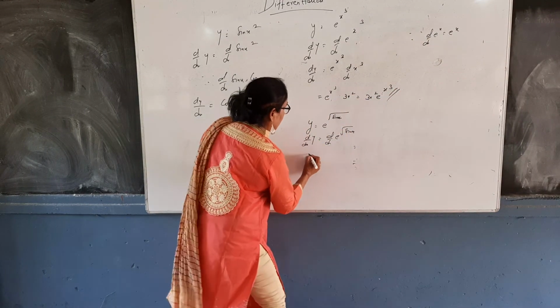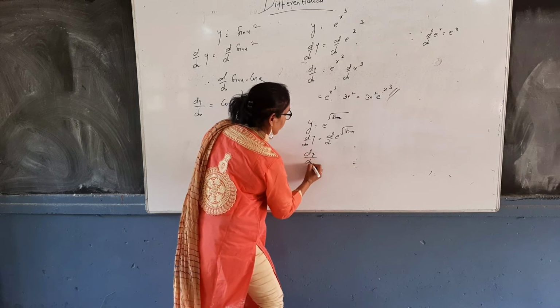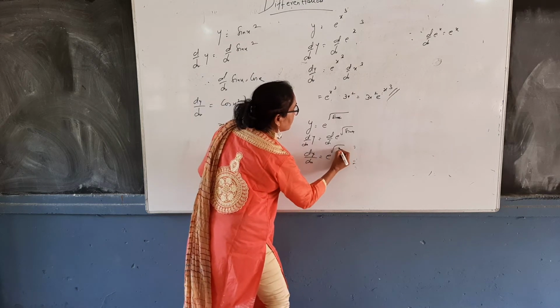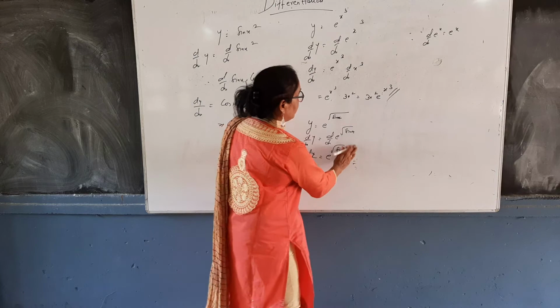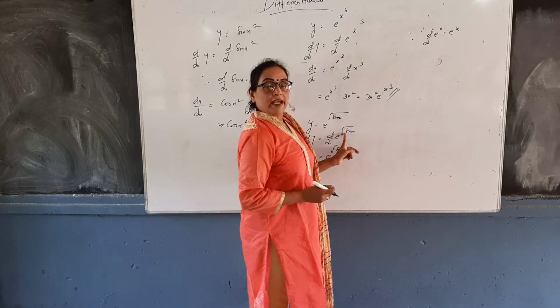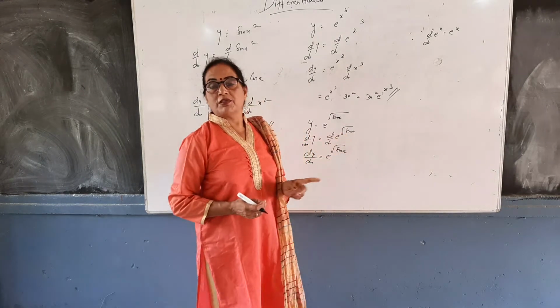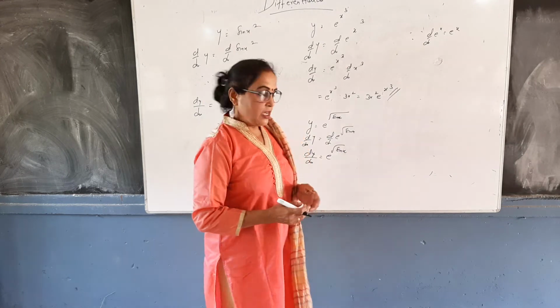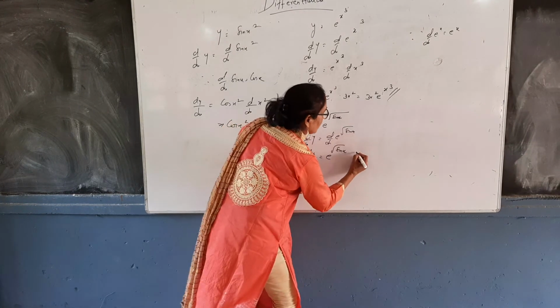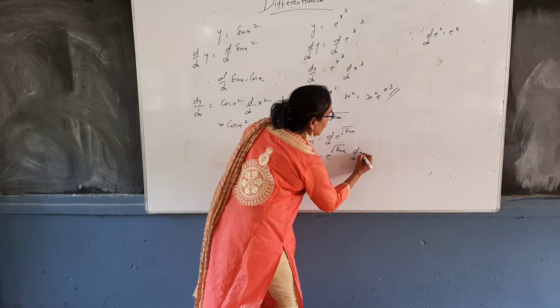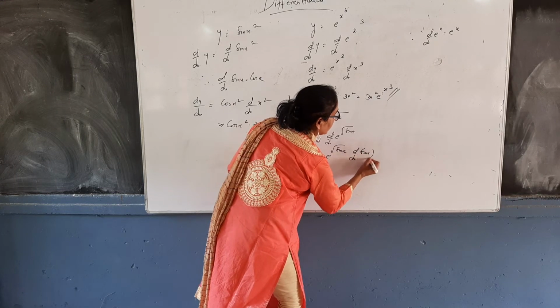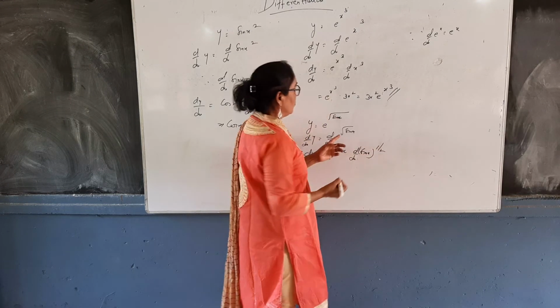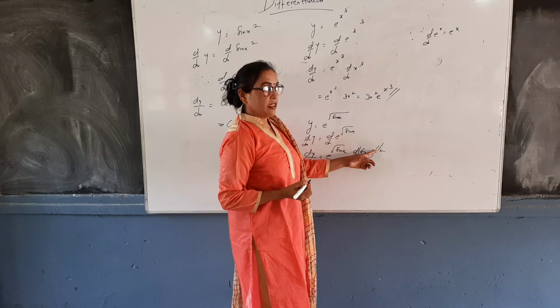So we will get here dy by dx equal to e raised to power under root sine x. Now we have supposed under root sine x as x, then we have to differentiate this also, so into d by dx of x raised to power half, because root of sin x is given, so we write the power here.